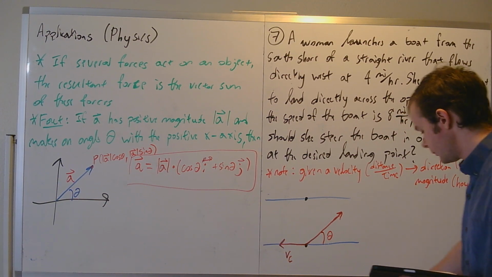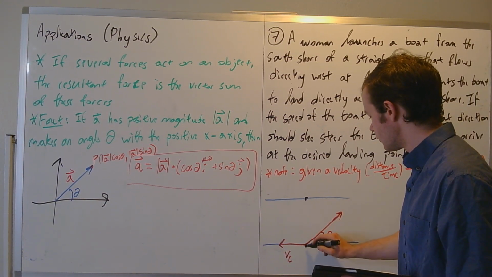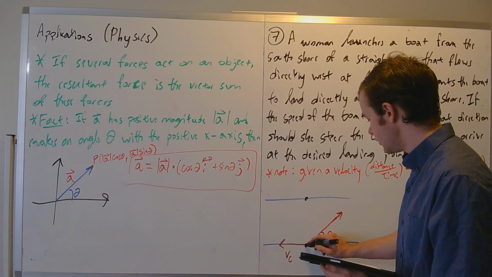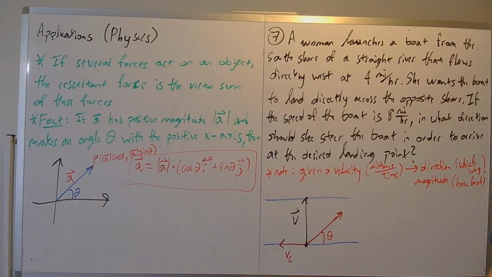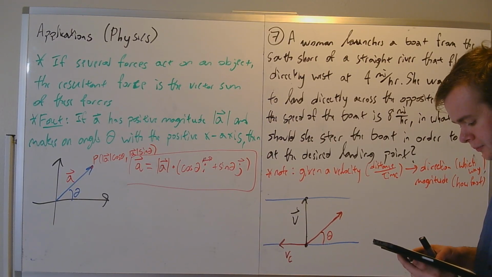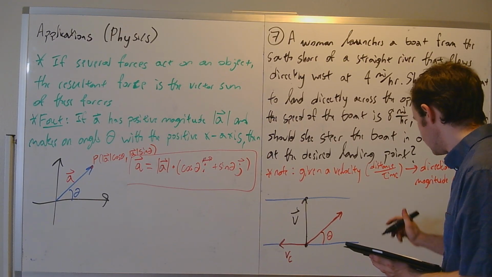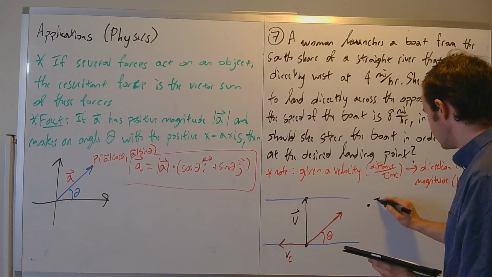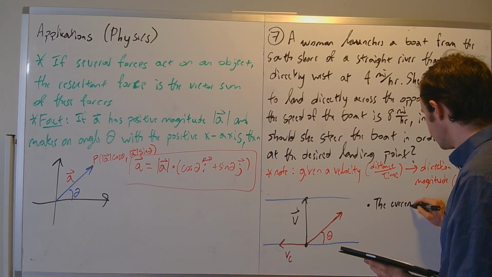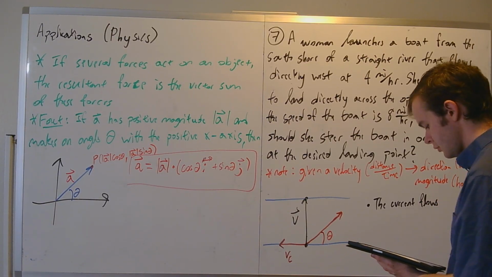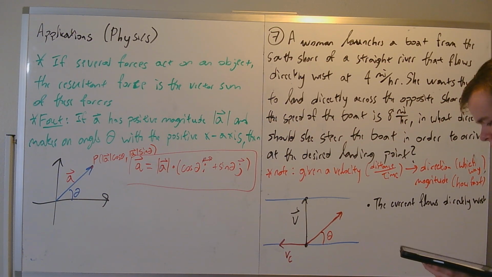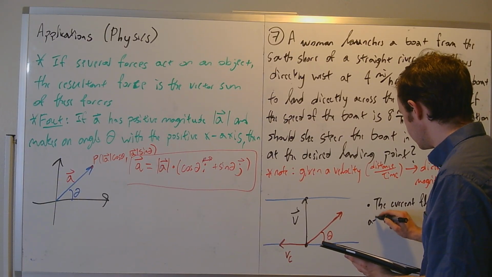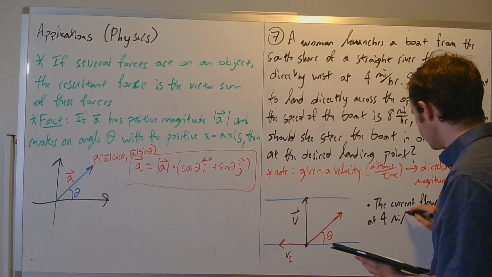So we want to get to this point. We're starting at this point, and we want this to be our velocity vector, right? So we want to exactly counteract the current. So I'll say here, the current flows directly west at 4 miles per hour.